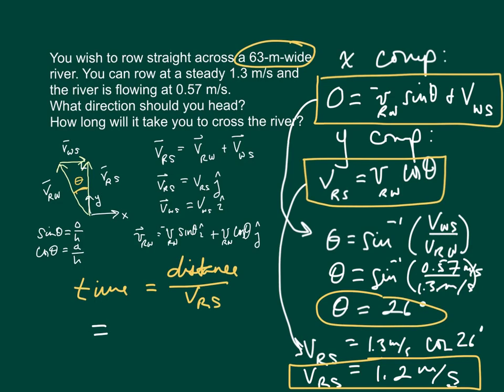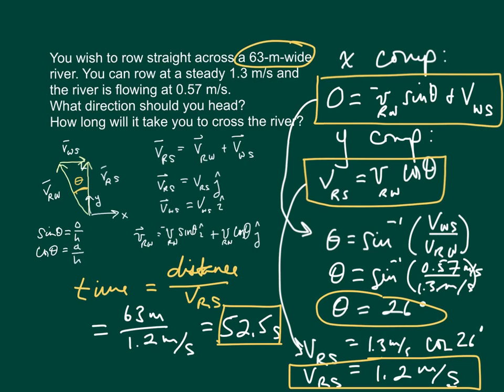And so that's going to be equal to 63 meters divided by 1.2 meters per second. And if you work that out on your calculator, you get 52.5 seconds.